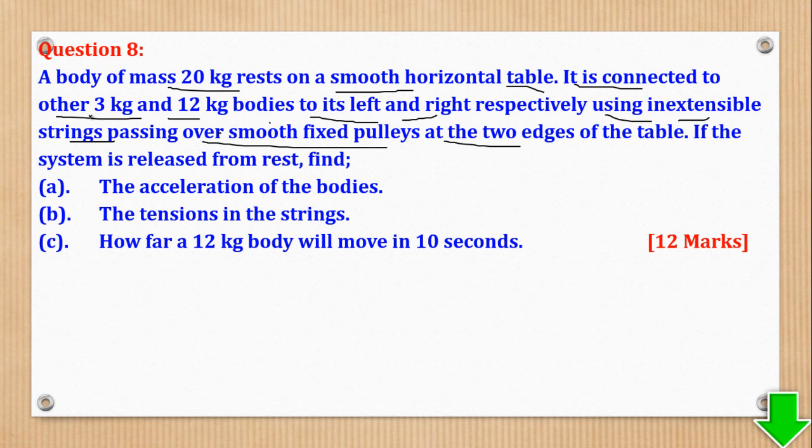If the system is released from rest, find part A, the acceleration of the bodies, part B, the tensions in the strings, and part C, how far the 12 kilogram body will move in 10 seconds.